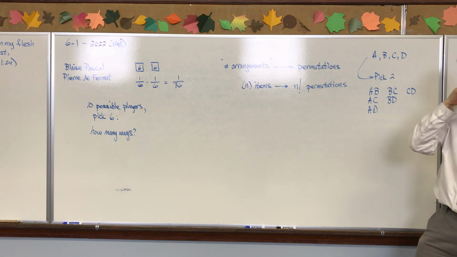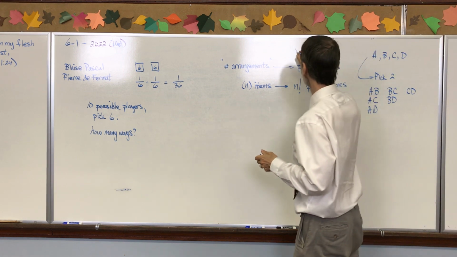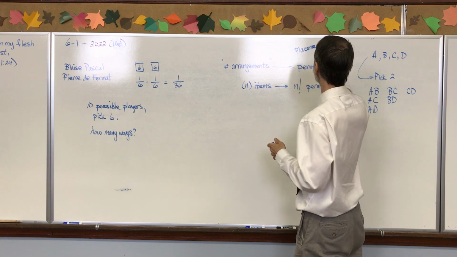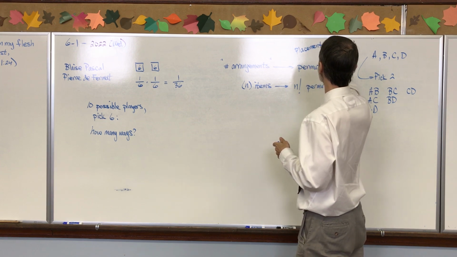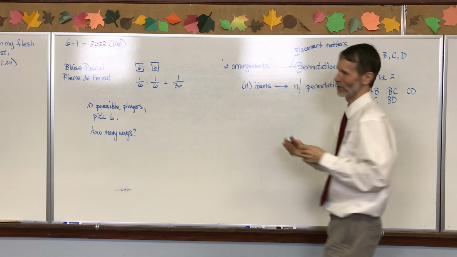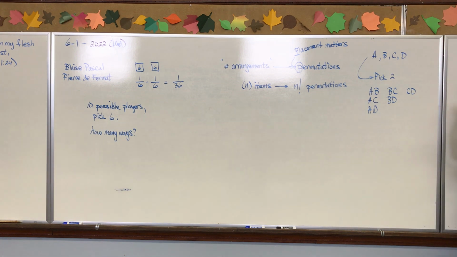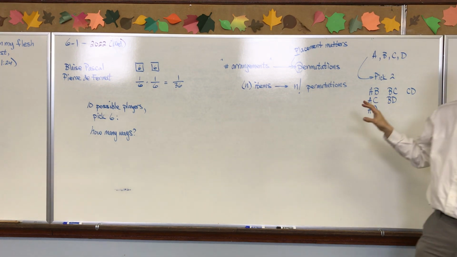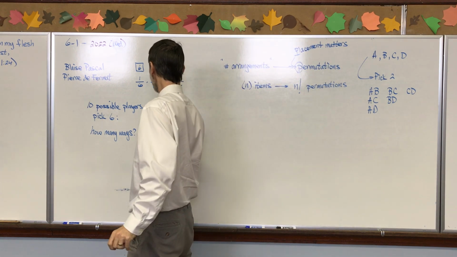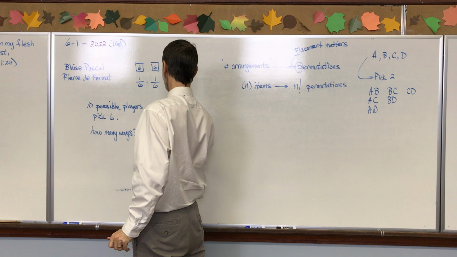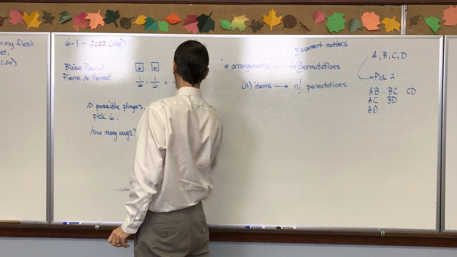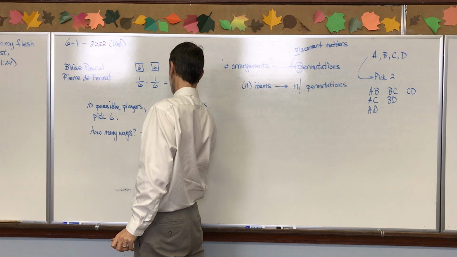My old high school math teacher, God rest his soul, helped me out with that. If placement matters, then you use permutation, P for P. I haven't given you the second word yet. What do you call this if order doesn't matter, if you're just choosing people? This is called combinations, where the order doesn't matter.